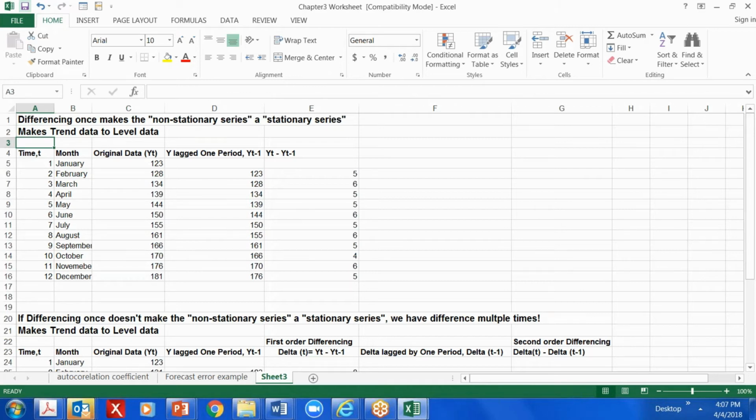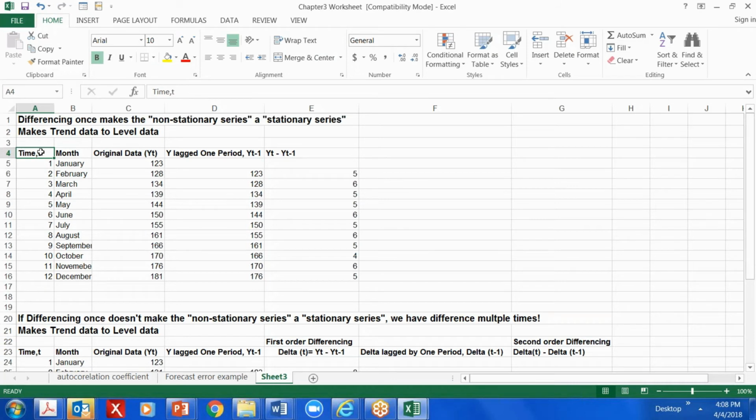An excellent example of non-stationary data is data that has a trend, either linear or non-linear. And an example of level, or stationary, data is data that moves around an average. So let us look at this example and see how differencing removes the trend part and thus makes non-stationary data stationary.